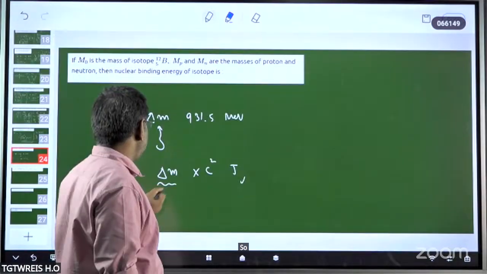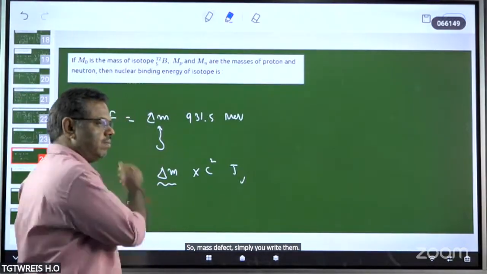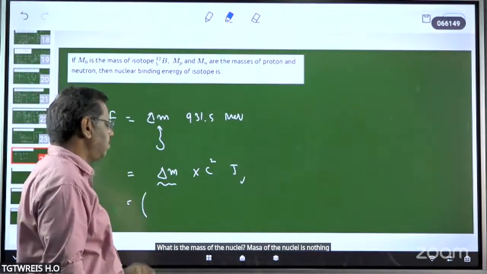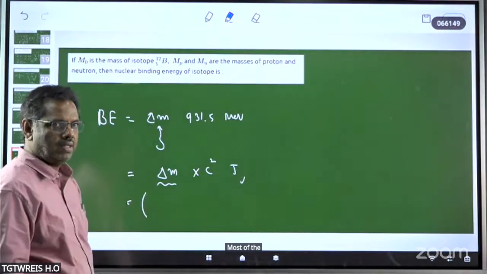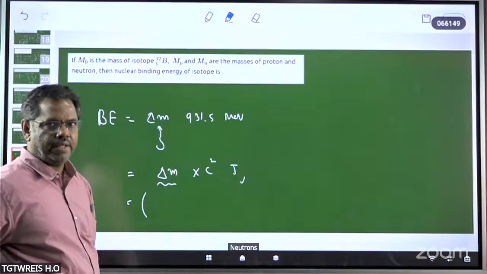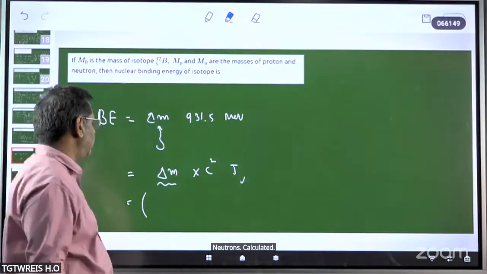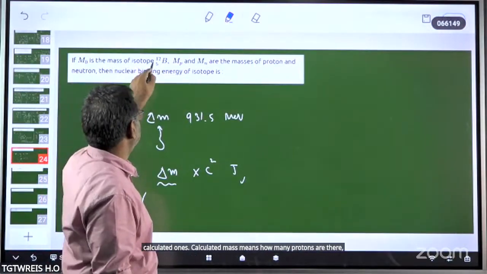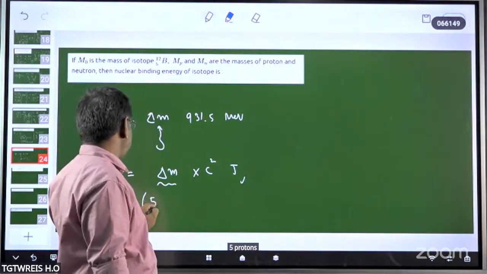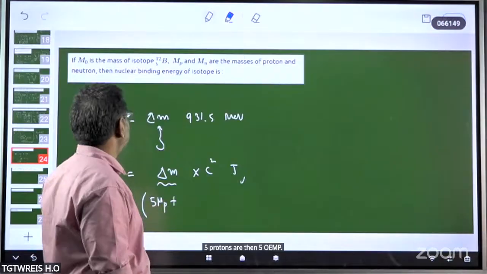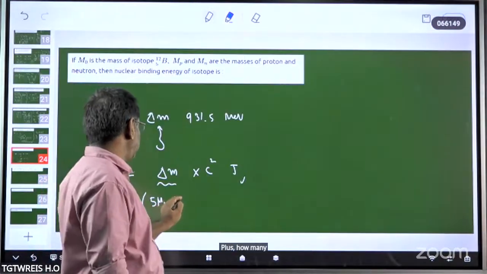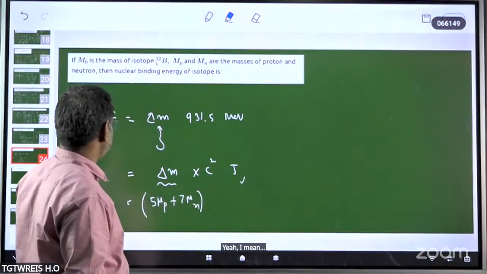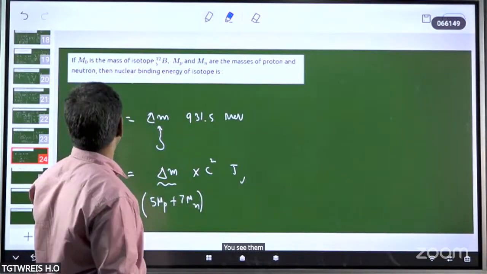For the mass defect, simply write down the mass of the nucleus, which is the mass of the protons and the mass of the neutrons. The calculated mass: how many protons are there? 5 protons, so 5 Mp plus how many neutrons? 7 Mn. This is the mass of the nucleus.